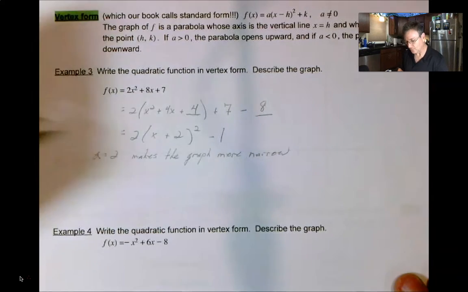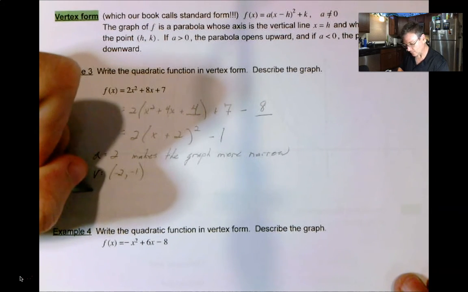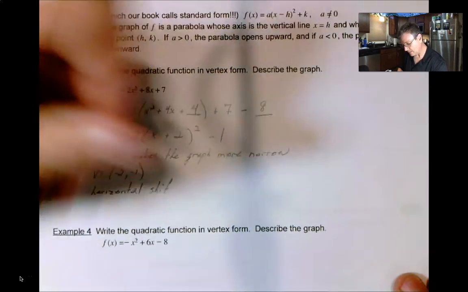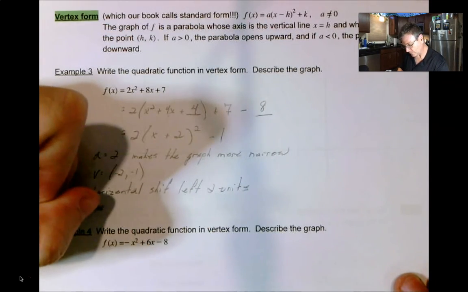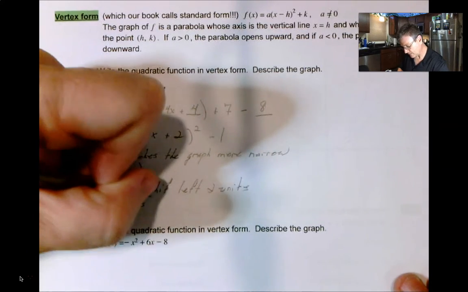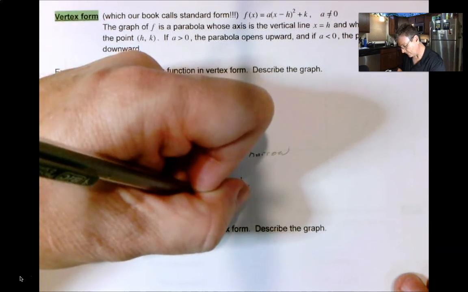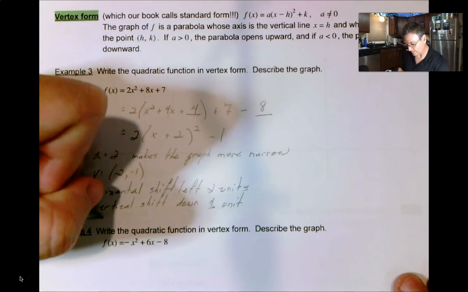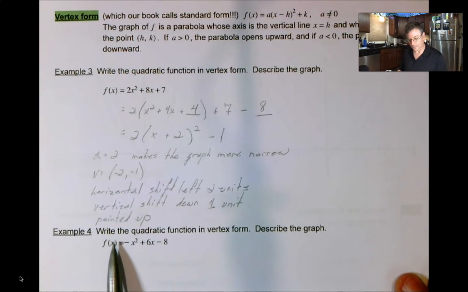And the vertex is (-2, -1), which is a horizontal shift left 2 units, vertical shift down 1 unit, and it is not reflected. It is a U shape pointed up.